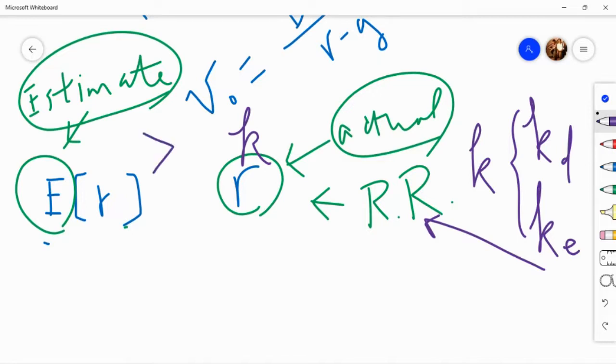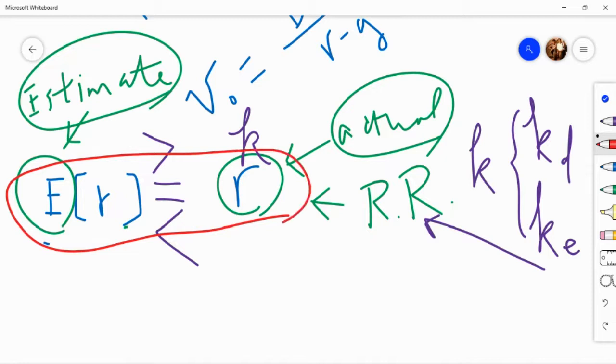Think about it. If the expected return is equal to the required return, that's only under equilibrium. The reality is it may be more like this or more like this, right?